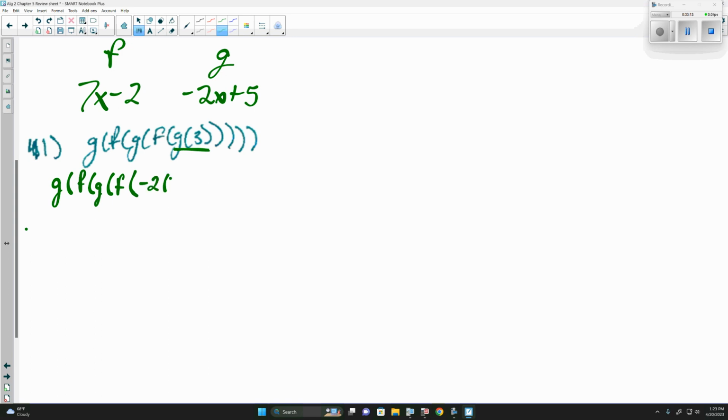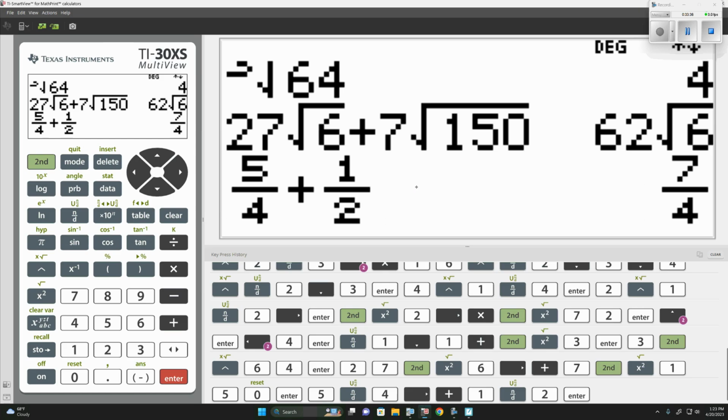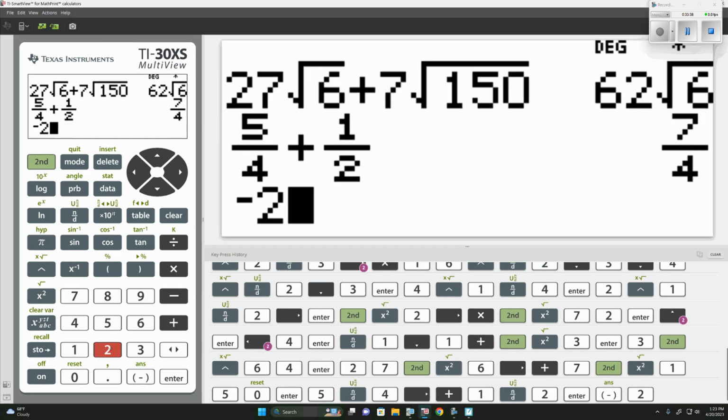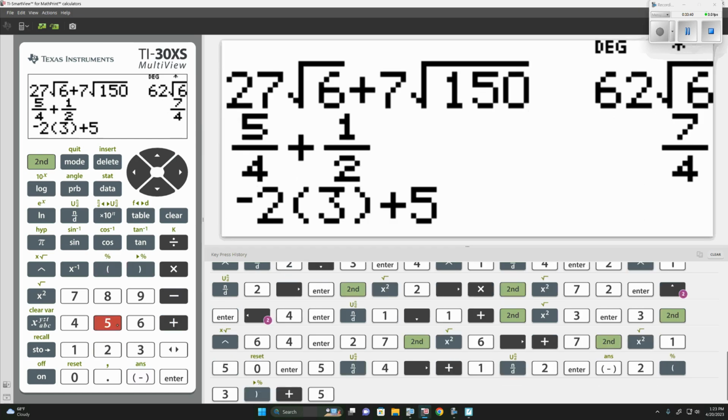So it'd be negative 2 times 3 plus 5. Now we could work this part out by hand, negative 2 times 3 plus 5, or I could grab the calculator, say negative 2 times 3 plus 5 is negative 1.